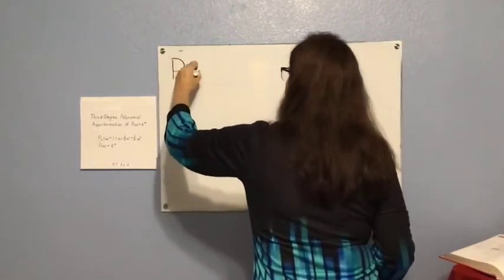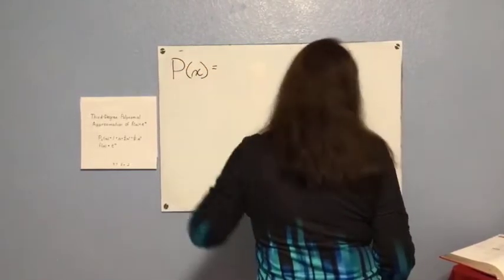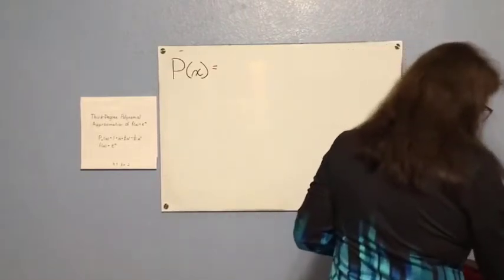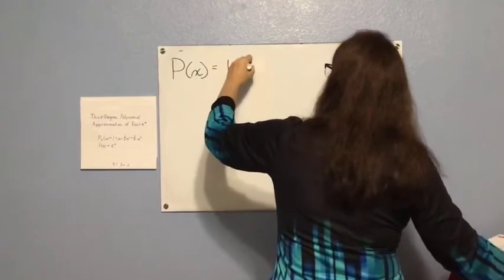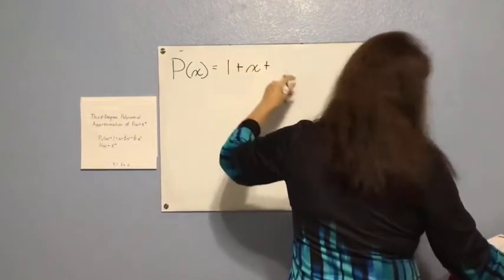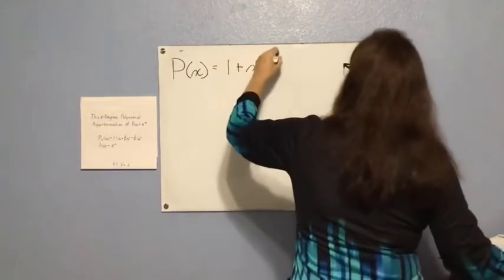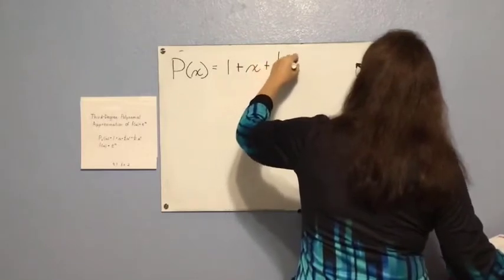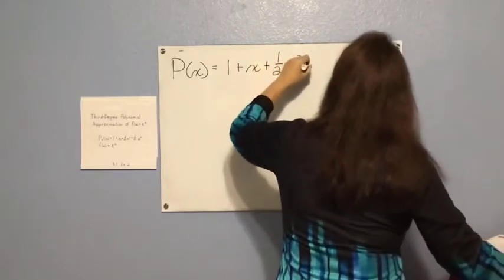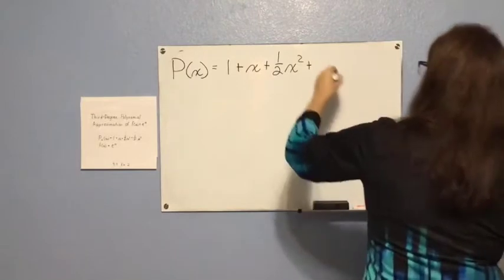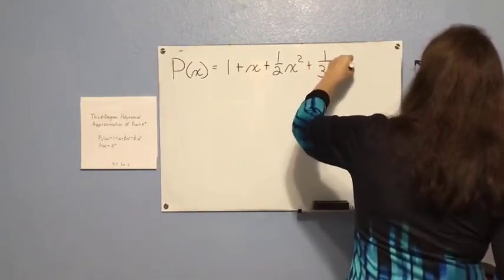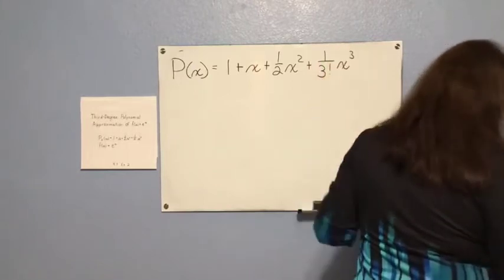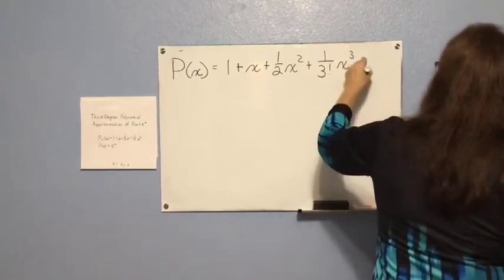I can say that p of x has to equal 1 plus x plus 1/2 x squared plus 1/3 factorial x cubed, and so on.